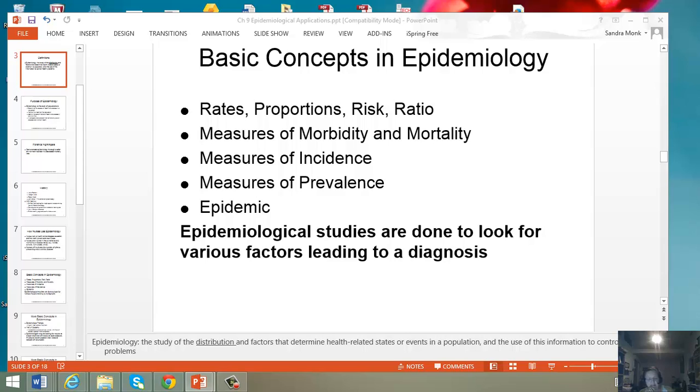Measures of incidence, the numbers, and the prevalence, and then we look and see if it is an epidemic, that it's much larger than just a few isolated or single episodes. Epidemiological studies are done to look for all the various factors that lead to a diagnosis. You want to find a diagnosis so that you can prevent and so that you can treat.